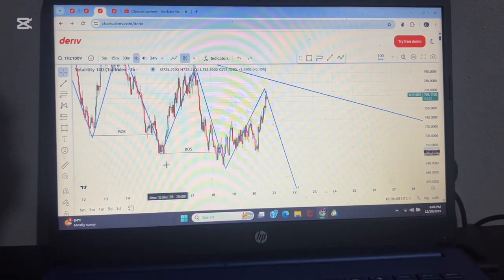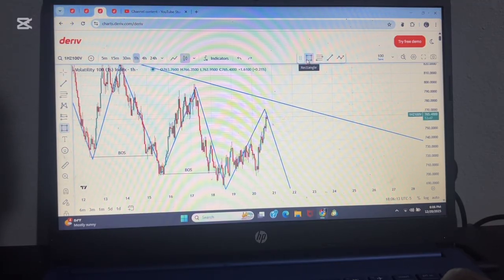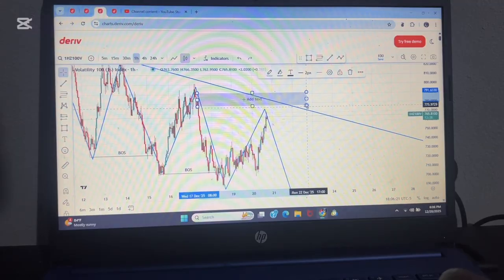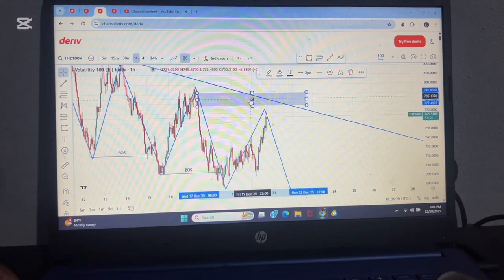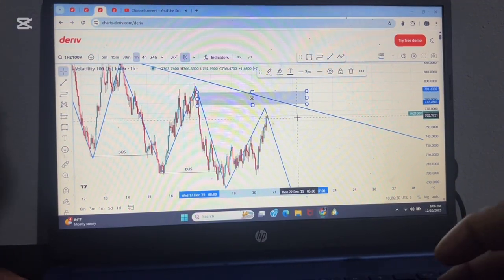This bullish candle right there is going to give you this supply zone. SZ stands for supply zone, and you can label it 1 hour supply zone.